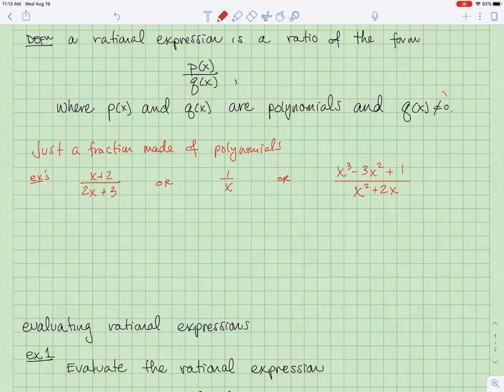Also, we're quite interested in making sure that the denominator is not 0. So in each one of these cases, as we'll see later, we want to ensure that the denominator does not equal 0.